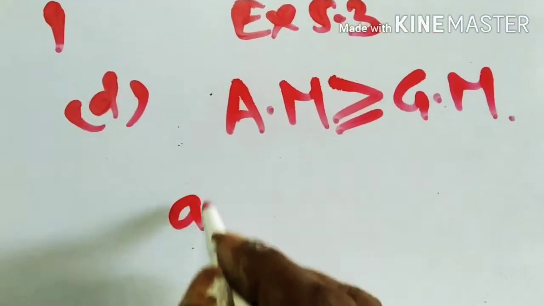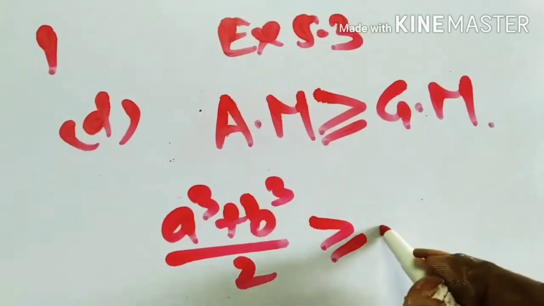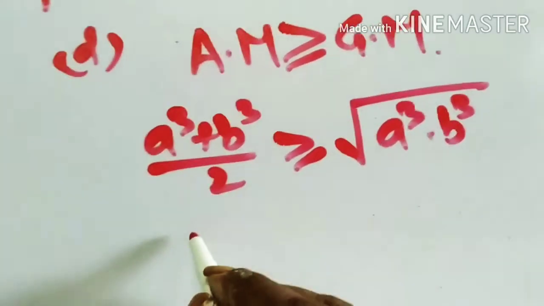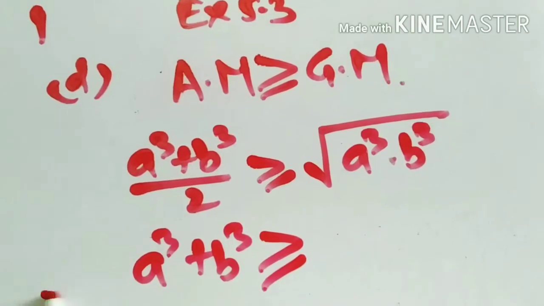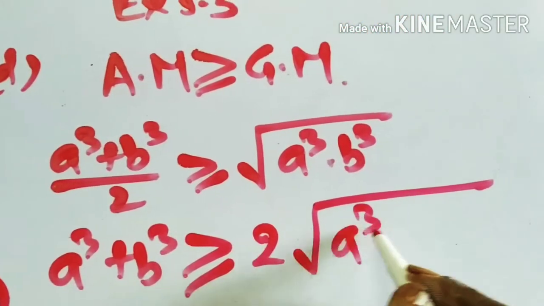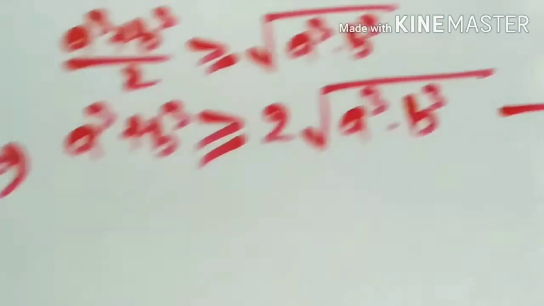Now (a³ + b³)/2 ≥ √(a³b³). So a³ + b³ ≥ 2√(a³b³). This is equation 1.